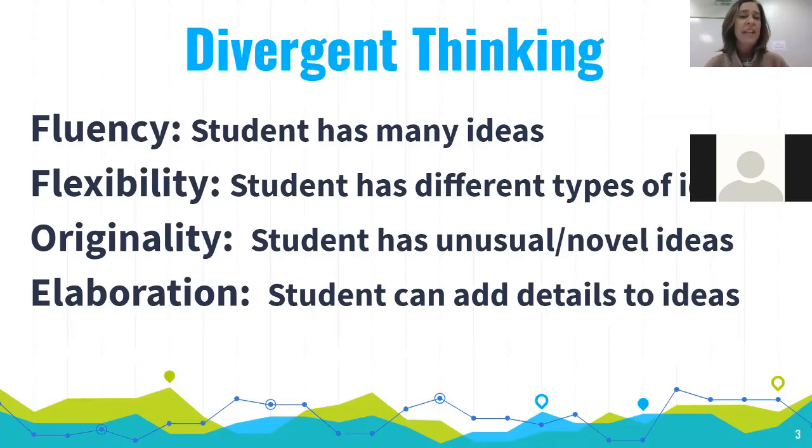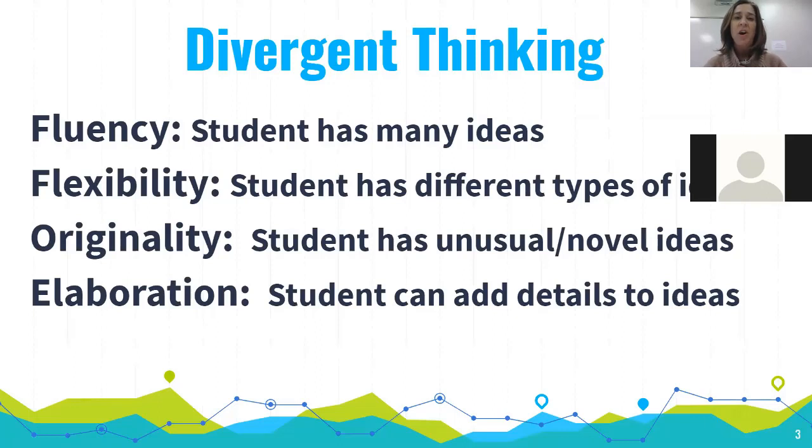Well, divergent thinking comes in 4 categories, as you can see. The first one is fluency, second one flexibility, originality, and elaboration. And I've given you a sort of mini definition. So fluency is just a lot of ideas. Flexibility is how those ideas are categorized, and we'll look at some examples in just a little bit to help make this more concrete.